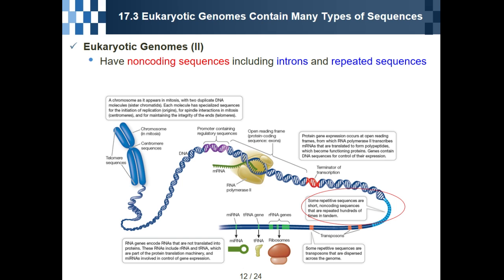So the FBI uses this repetitive sequence to identify a person. This is another characteristic of the eukaryotic genome: only eukaryotes have non-coding sequence. Prokaryotes don't have non-coding sequence.